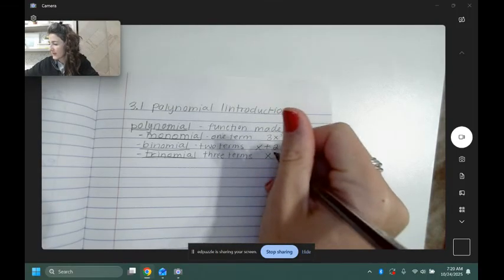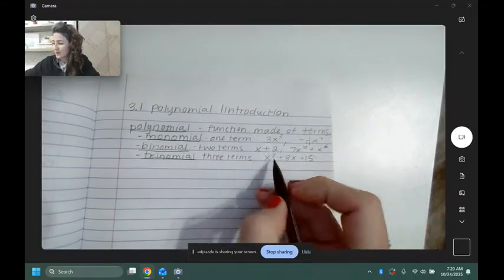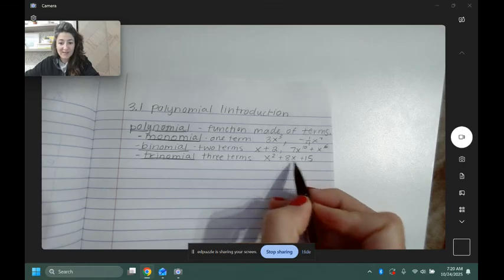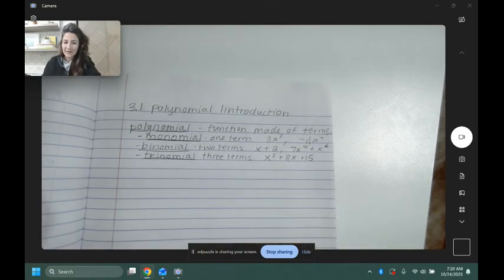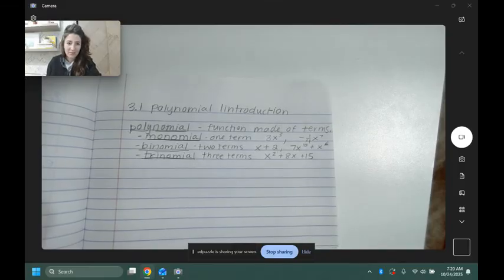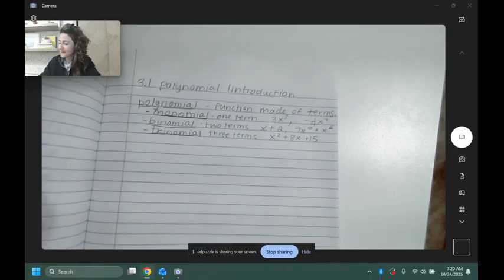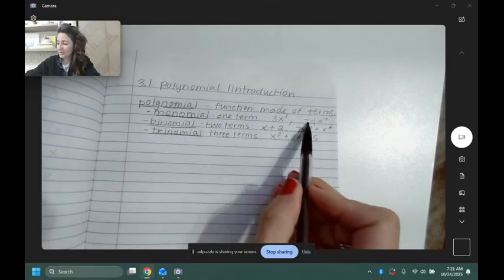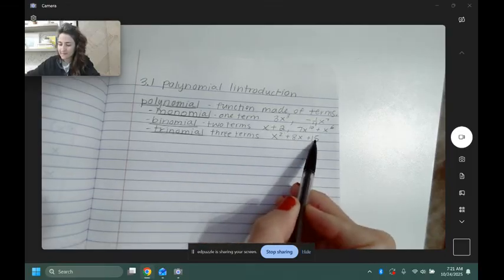So things like x squared plus 8x plus 15. Trinomial, 3 pieces. I cannot simplify any further. Beyond that, I just call them polynomials. Mono is one piece, binomial, 2 pieces, trinomial, 3 pieces.